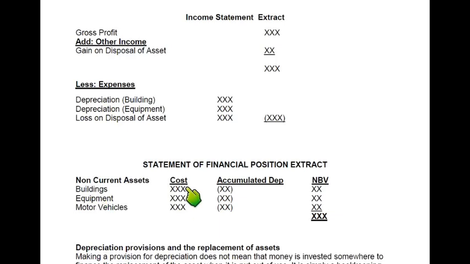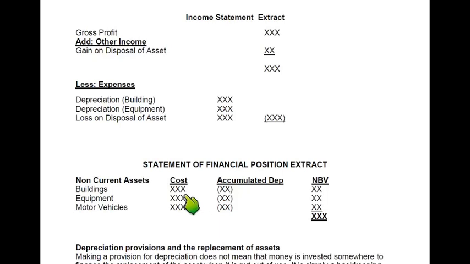First of all, we'll be writing cost. Cost is the original cost at which the asset was originally bought. Then accumulated depreciation. Accumulated depreciation is the total depreciation till date. Means if there is an asset whose accumulated depreciation is already 10,000 at the start of the year, and now in this year we are charging 2,000 further depreciation, then we'll be writing 12,000 in this accumulated depreciation column.